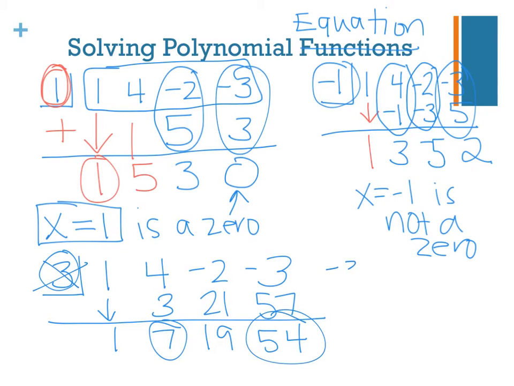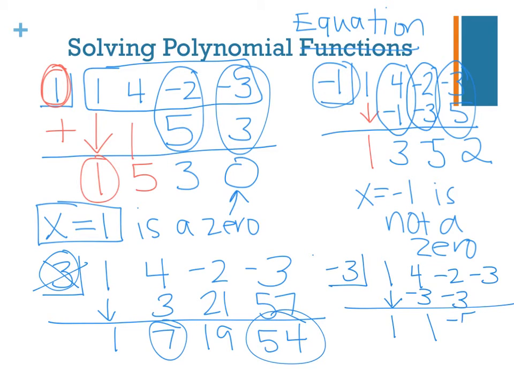And the last number I'm going to check is negative 3. If I have my coefficients again, 1, 4, negative 2, negative 3, and I carry out my synthetic division, start by carrying down the 1. 1 times my divisor is negative 3. 4 plus negative 3 is a 1. 1 times negative 3 gives me negative 3.